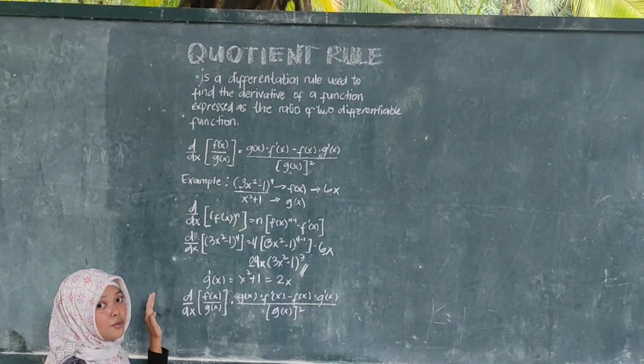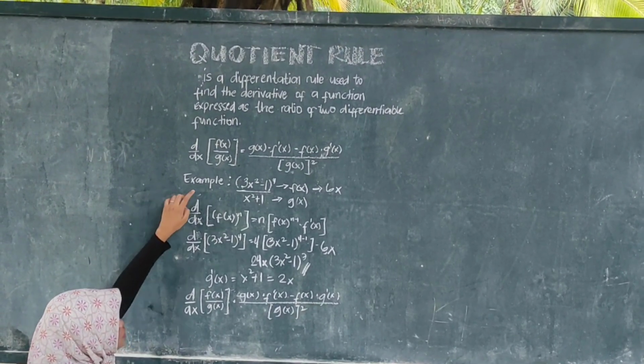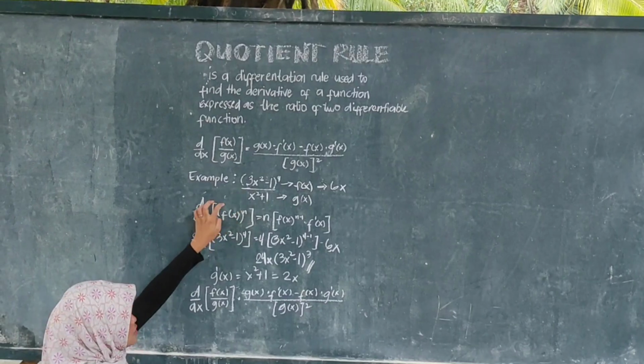So now, this is the formula of the quotient rule. So let's substitute the values of f of x and g of x.